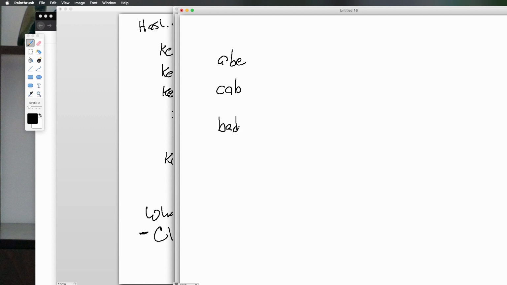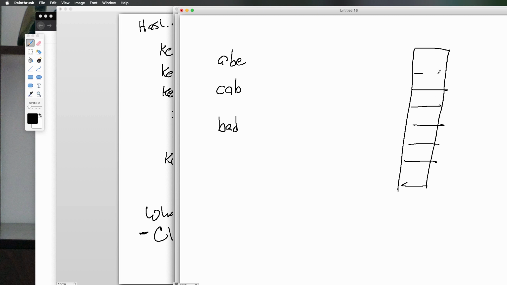I don't think anyone's named bad. But we want to come over there, and let's suppose it's a very small table here. Zero, 1, 2, 3, 4, 5, 6, and that's p minus 1, so p is equal to 7.